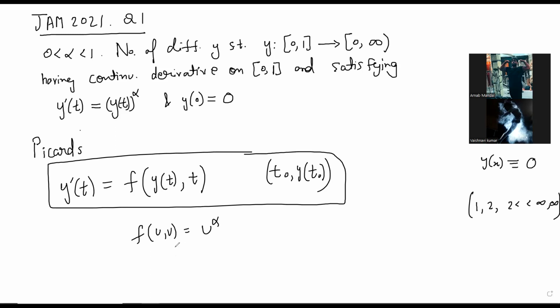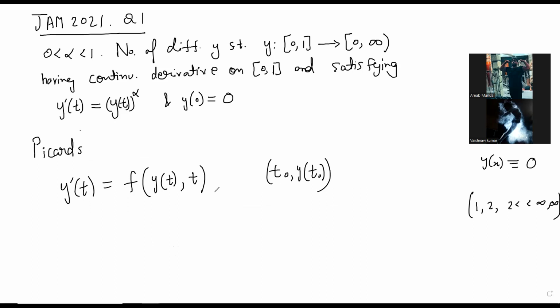So Picard's theorem says that under this condition, with this initial value and the condition that f is Lipschitz continuous, there is a unique solution.